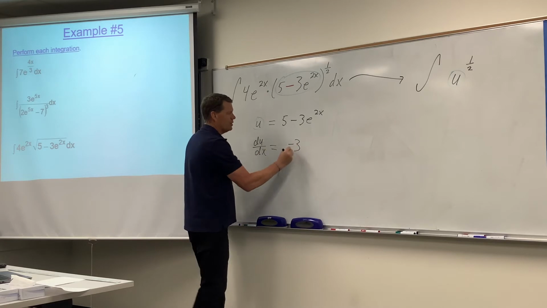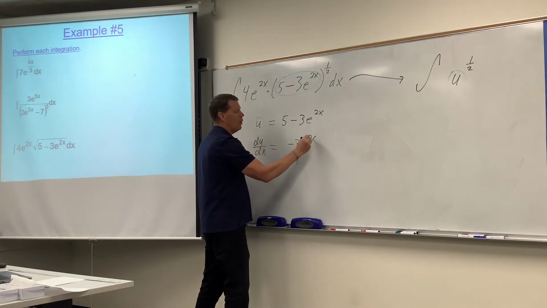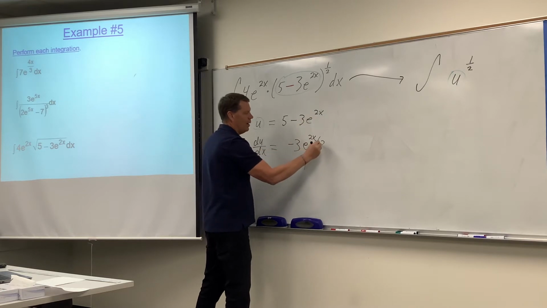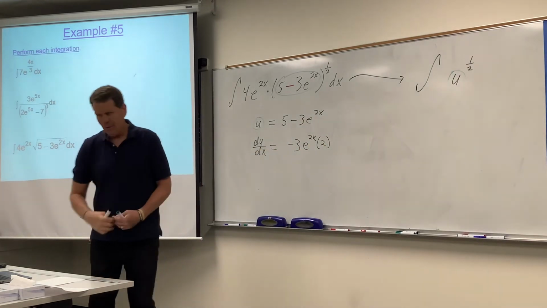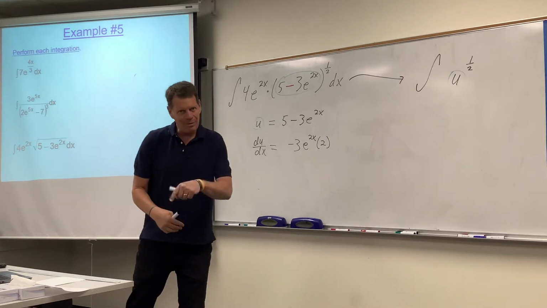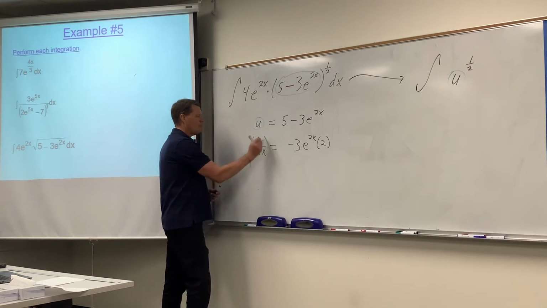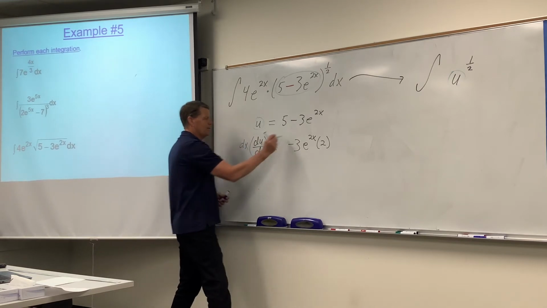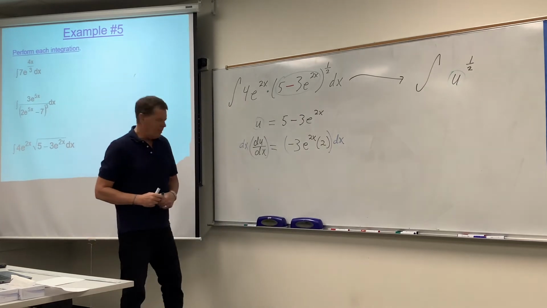The coefficient, e to a power, derivative, e to the power, derivative of the power. That was that chain rule idea that we did on the assignment prior to this one. And then we clear fractions. This all goes back to that substitution assignment.